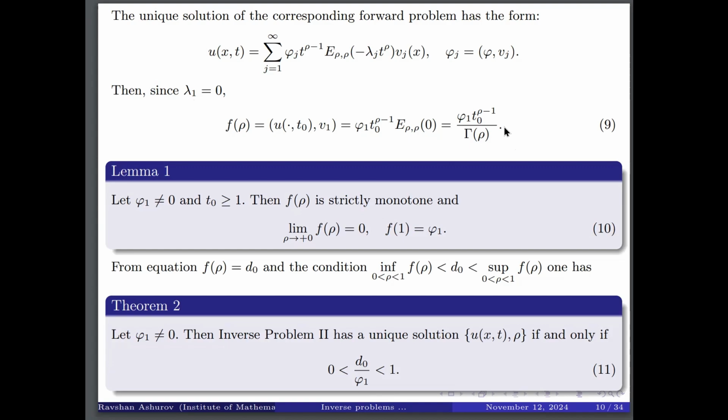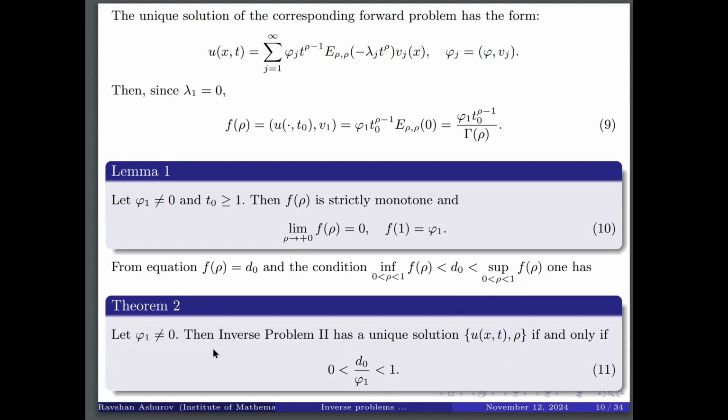Now the solution of the inverse problem follows from this lemma. The lemma says that this function is strictly monotone and this condition 10 holds. So to solve this equation to find rho, since this is monotone, we can have a solution if and only if d0 lies here, which in our case is equal to 11.